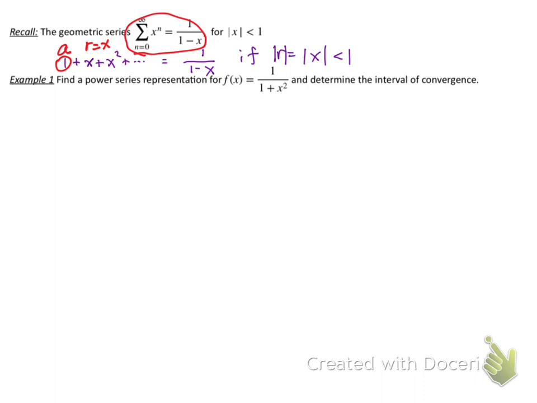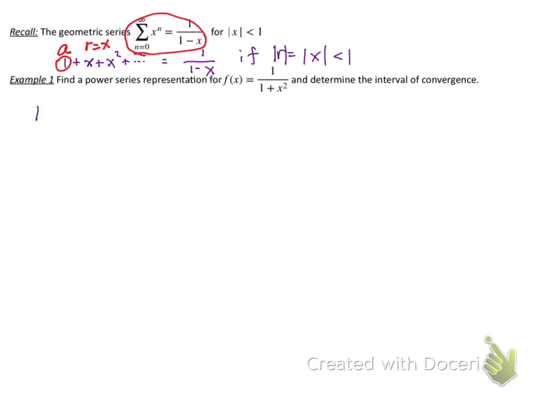Now, if we use this formula, we can write the following function, 1 over 1 plus x squared, as a power series. And then, as a power series, we are going to determine the interval of convergence.